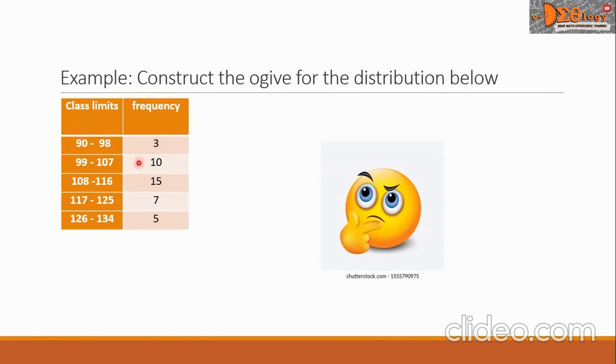A frequency of 10 for the class 99 to 107. A frequency of 15 for the class 108 to 116, a frequency of 7 for the class 117 to 125, a frequency of 5 for the class 126 to 134.